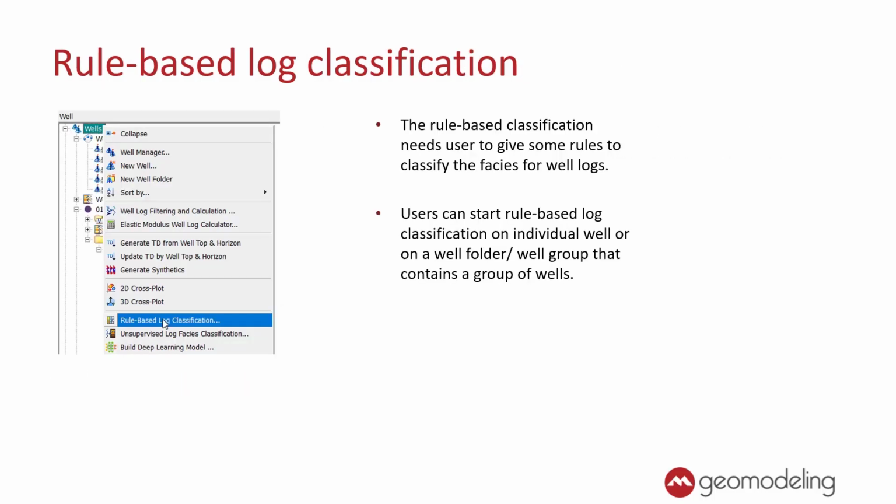The rule-based classification needs users to give some rules to classify the facies for well logs. Users can start rule-based log classification on an individual well, or on a well folder or well group that contains a group of wells.